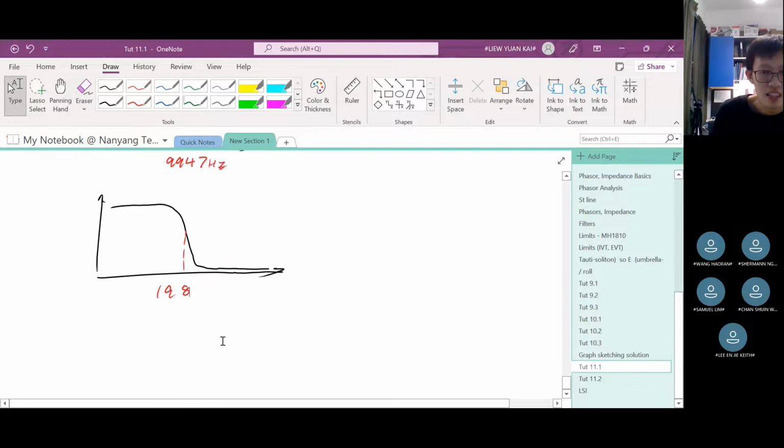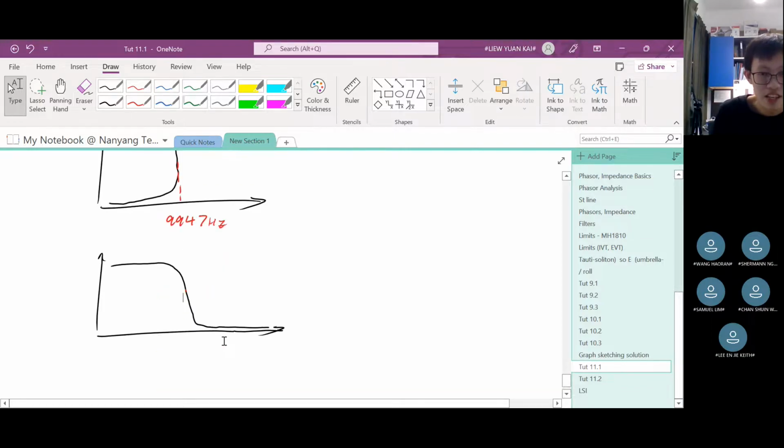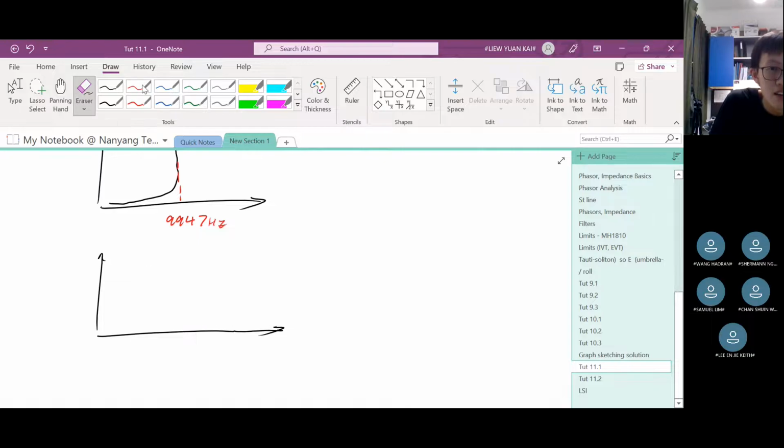Wait a minute. What I was supposed to do is make these two to scale. What do I mean? The number 19894, which is the cutoff frequency for the low pass filter, is way higher than this. So I should put it to the right of here.